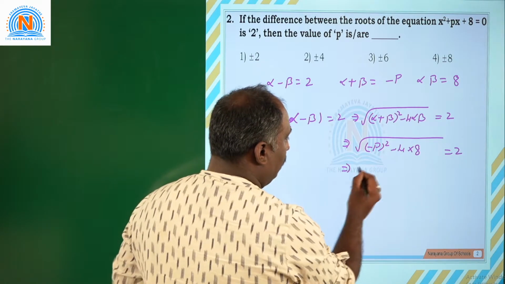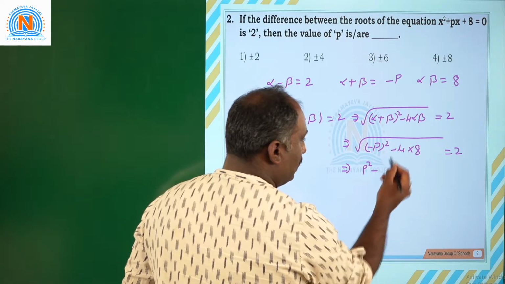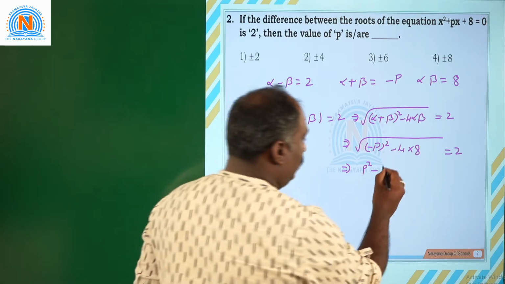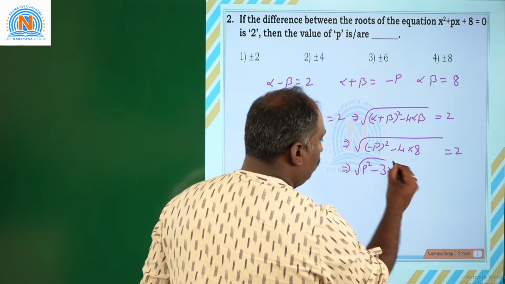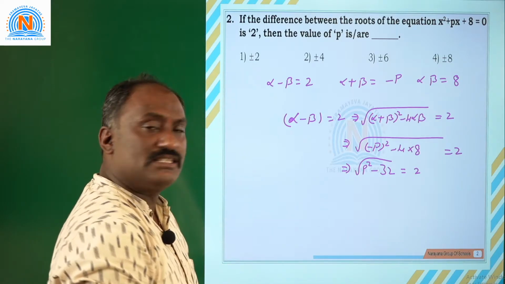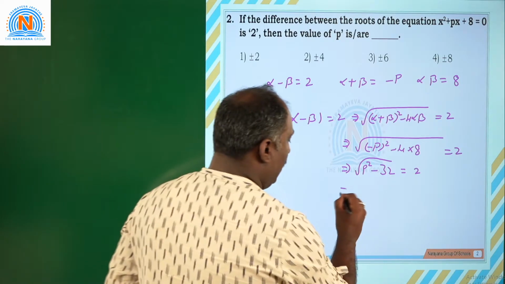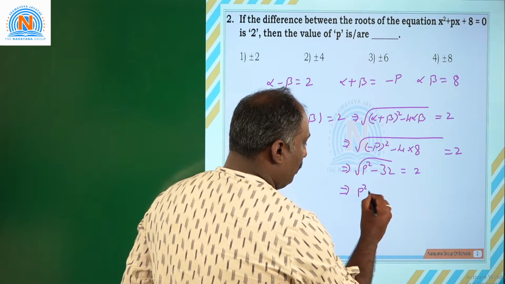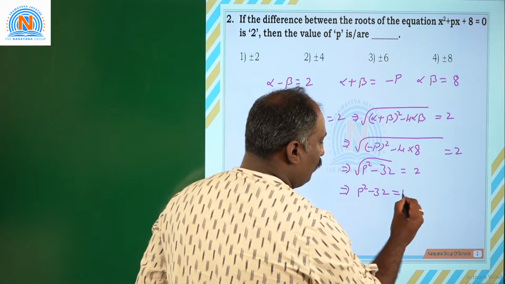From this I am getting under root of p square minus 4 eights are 32 is equal to 2. We'll go ahead with squaring on both sides. So we'll get p square minus 32 is equal to 4.